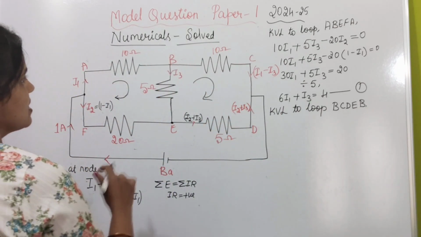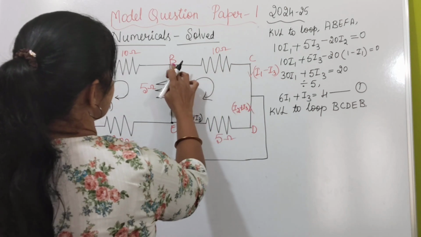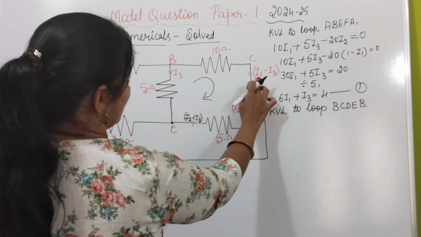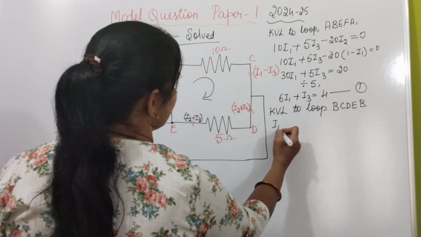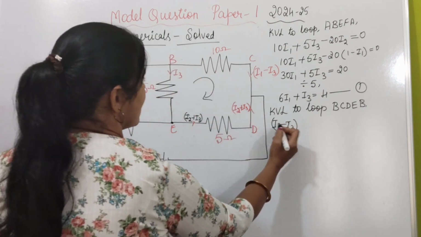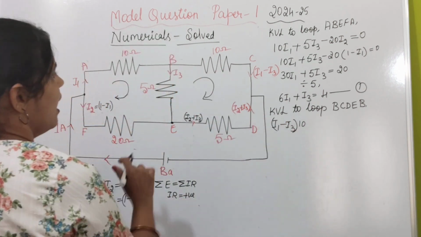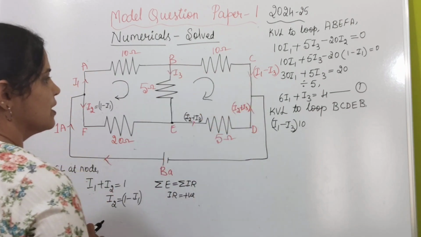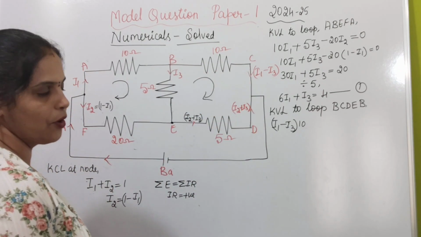In the first branch, which current is flowing? Here it is mentioned I1 minus I3, into the resistor, which is 10. We are moving along the same direction, so the product is positive.